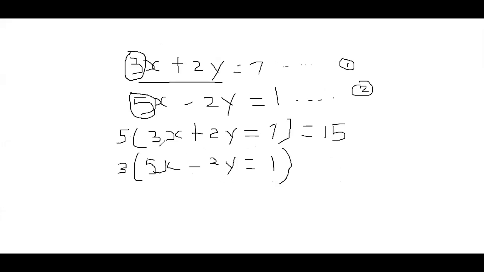Remember, 5 threes is 15, so that gives 15x. Then 5 times 2y gives 10y. And 5 sevens is 35.